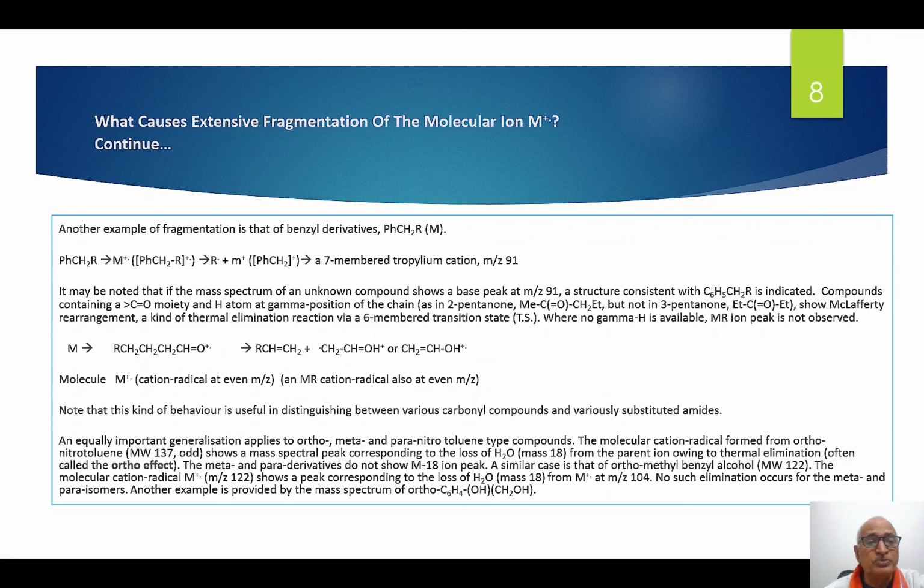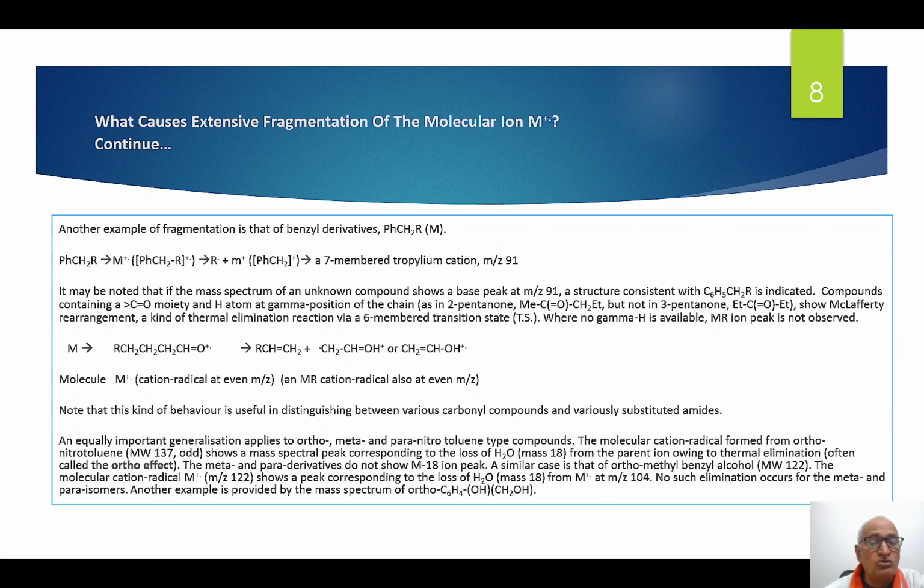So, the presence of a McLafferty rearrangement ion in the mass spectrum of a compound helps us reveal the structure of the molecule. This concept is very, very useful in distinguishing various carbonyl compounds, aldehydes, ketones, amides, pattern of substitution. You should solve a few more examples to understand this properly.